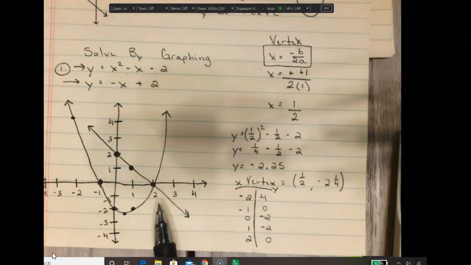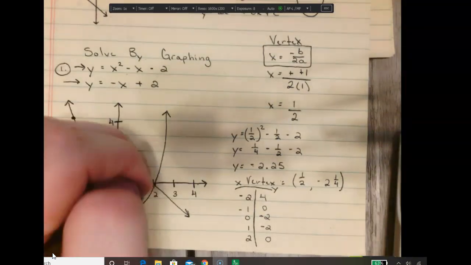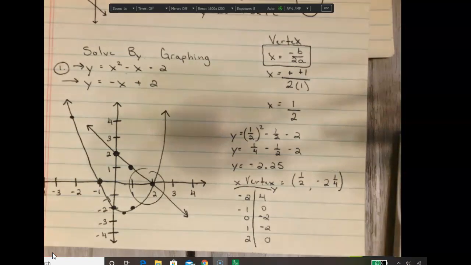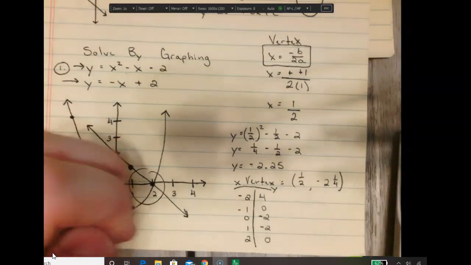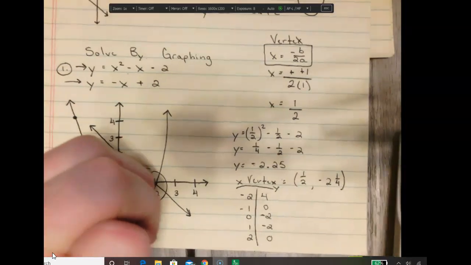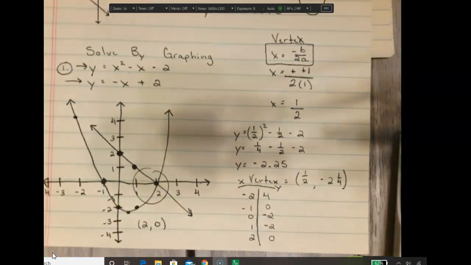Well, by looking at my graph, I can already tell that one solution is going to be right here, kind of in the middle of my graph. That's because my linear equation and my quadratic equation both cross at that same point. And that point happens to be 2, 0. So I know one of my solutions to this graph is going to be 2, 0.